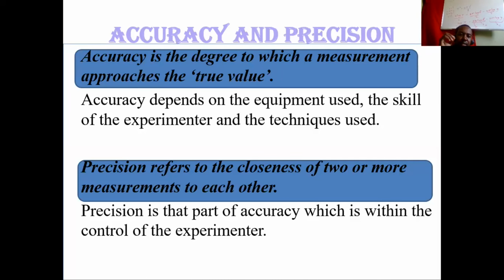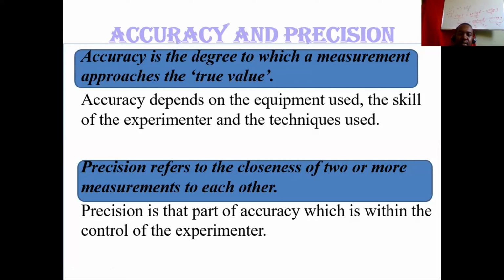So it's not accurate, but because the values that you get are close to each other, they are precise. So precision does not necessarily mean accuracy, right? Precision could mean that you're doing something wrong, but you're getting answers close together, but you're doing something wrong to not get your true value.